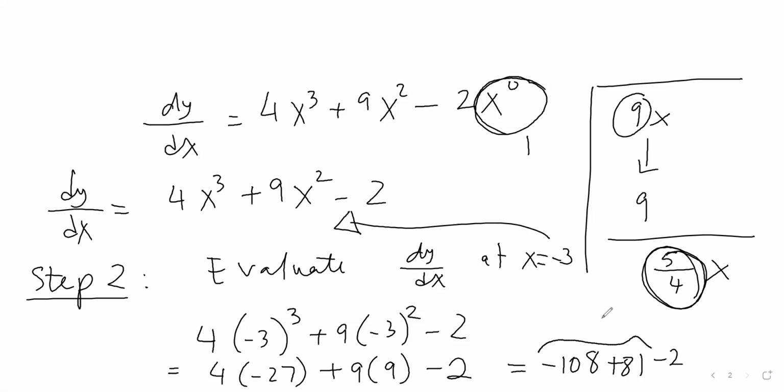If you add these two, you basically subtract 81 and keep the sign of the bigger number, so that's -27. Then we have a -2, so this will be -29 overall. And that is the slope of the tangent line at x equals -3.